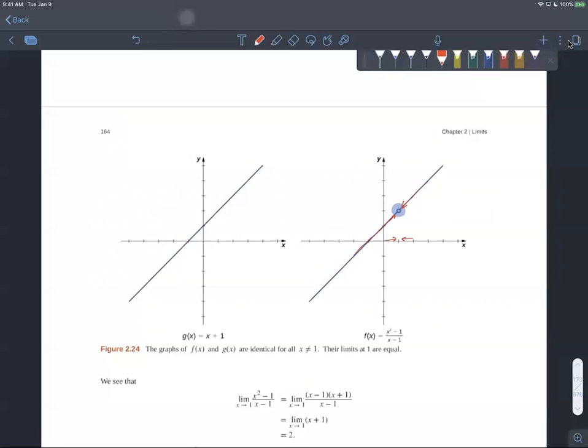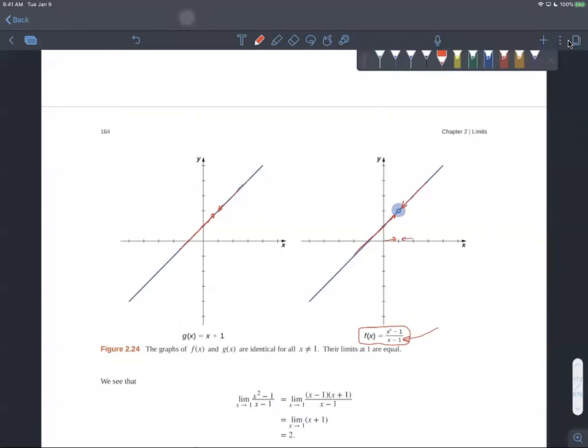Now, say we can't do direct substitution with this one, because this function is undefined at x equals 1. But if we use a very similar function g of x that is identical to f of x for all values except at x equals 1, that's perfectly fine, because the limit doesn't take into account what's happening at x equals 1, only what's happening near x equals 1.